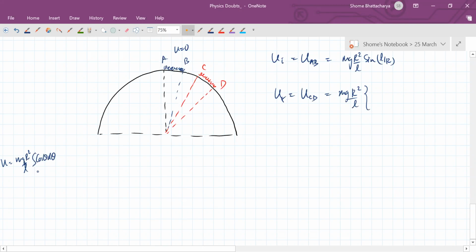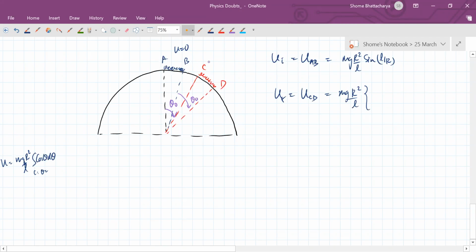Your limits would have gone from the point C, where the value of theta, this angular displacement, is, let us say, theta naught. So this angle is also equal to theta naught.